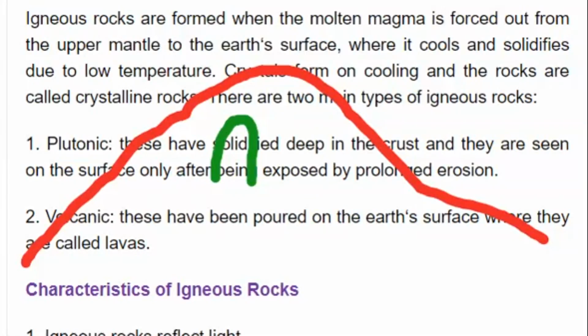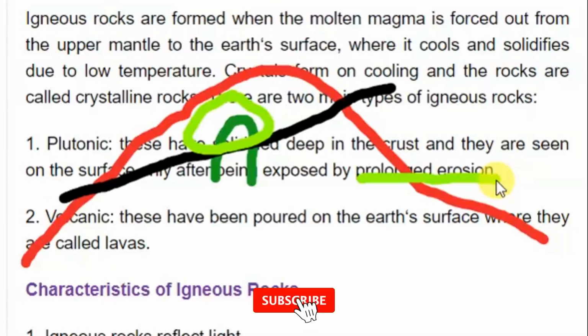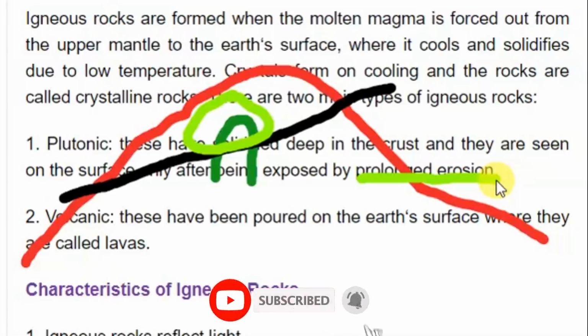Now, if erosion has occurred and all of this surface has been removed by erosion, that means this part of the rock will be exposed outside. The part of the rock is exposed outside simply because of the prolonged erosion. So these are called the plutonic type.